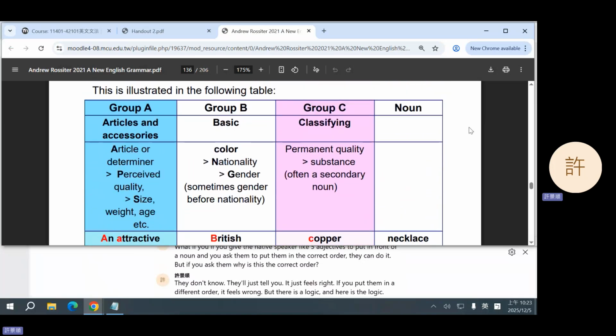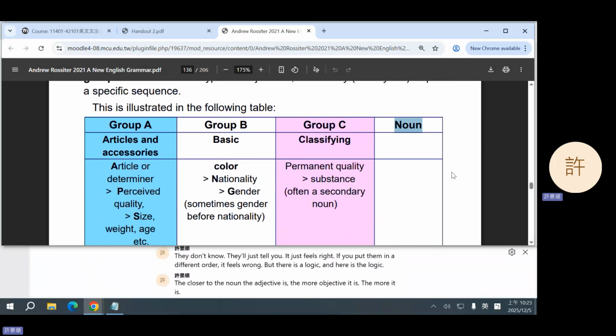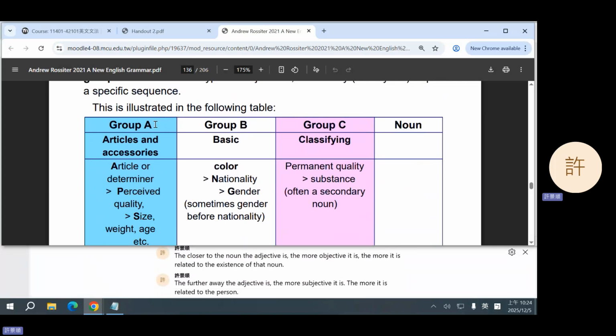The closer to the noun the adjective is, the more objective it is, the more it is related to the existence of that noun. The further away the adjective is, the more subjective it is, the more it is related to the person talking about the noun.